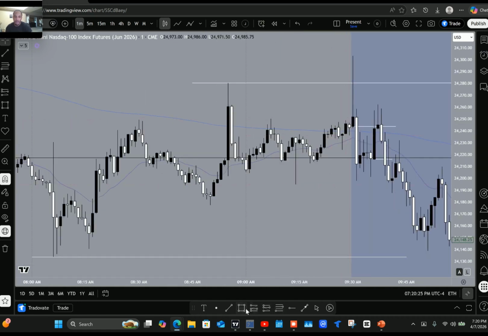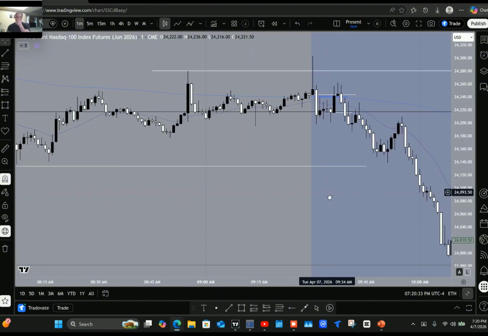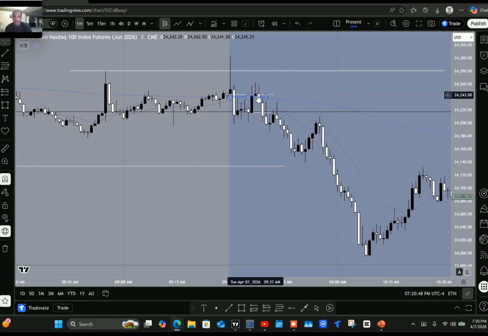And then we have this fair value gap right here once again. And one thing we got to know, that price is volatile right now, right? This is still early, so once again we close above that swing high, right? I mean, not the swing high.